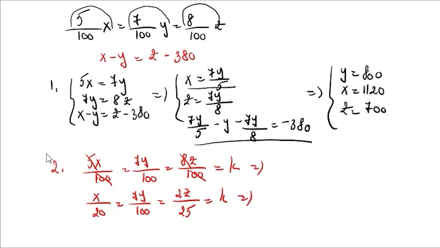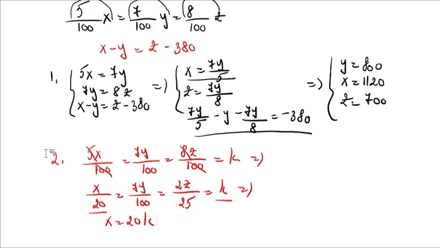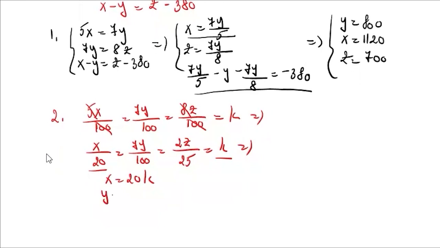So x over 20 equals k, so x equals 20k. y equals 100k over 7, and z equals 25k over 2.